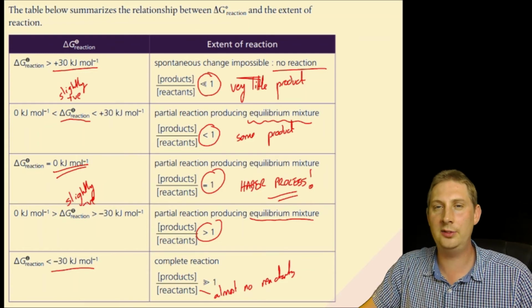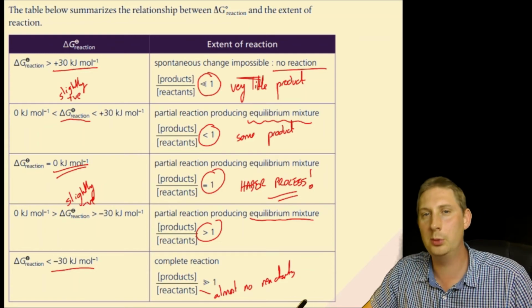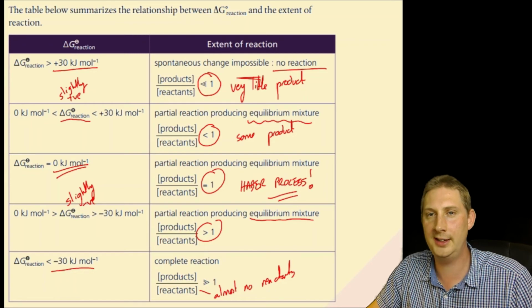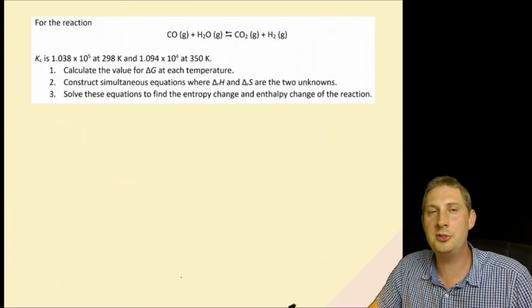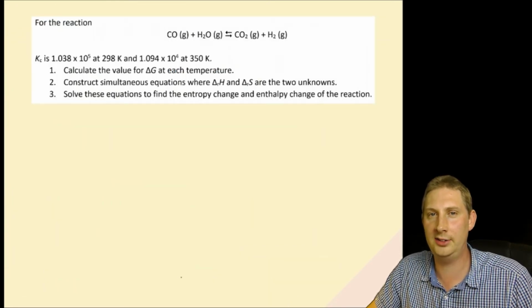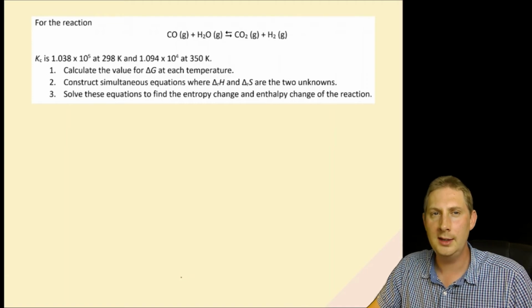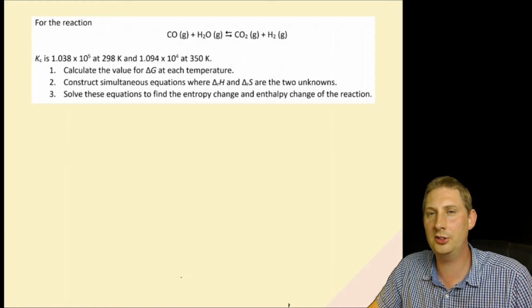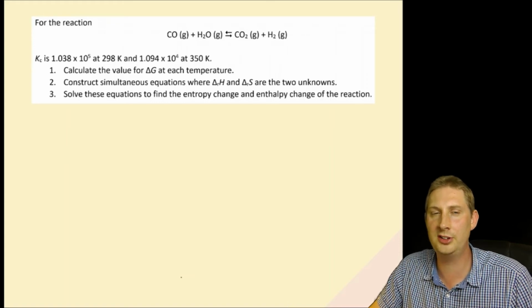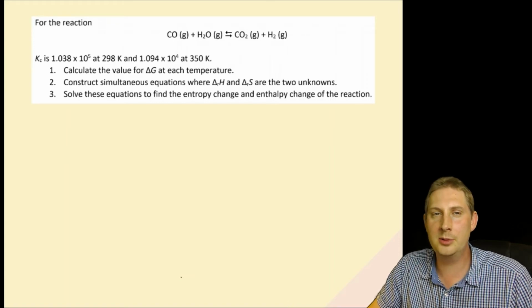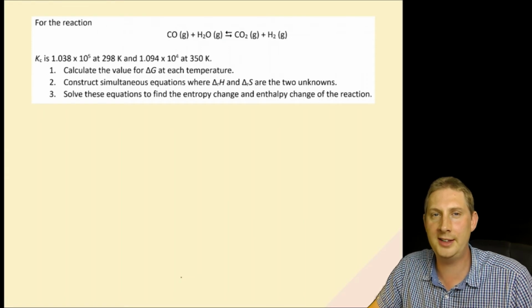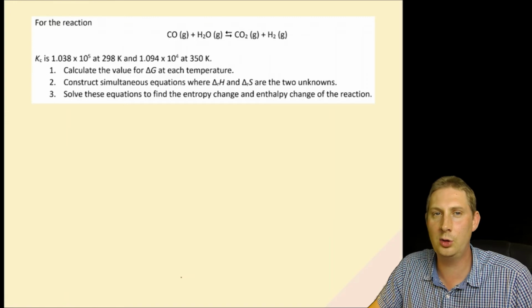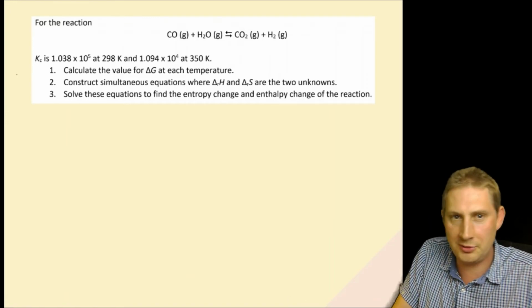And for any value of delta G, you can work out backwards what the equilibrium constant is. So I'm just going to show you two reactions here. For the reaction, carbon monoxide and water going to carbon dioxide and hydrogen, it's a reversible reaction. The equilibrium constant is 1.038 times 10 to the 5 at 298 Kelvin and 1.094 times 10 to the 4 at 350 Kelvin. Calculate the value for delta G at each temperature.